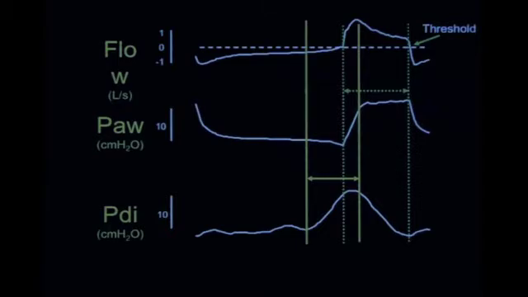This is a COPD patient, and you can clearly see that now there is a clear time lag between the onset and the end of the transdiaphragmatic pressure and onset and end of ventilator assistance, which tells us that in certain situations, synchrony is not guaranteed.